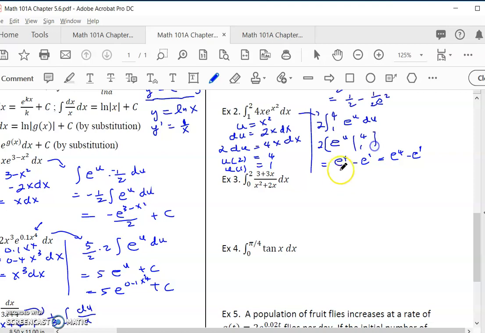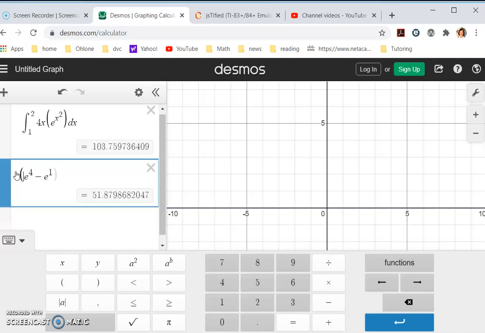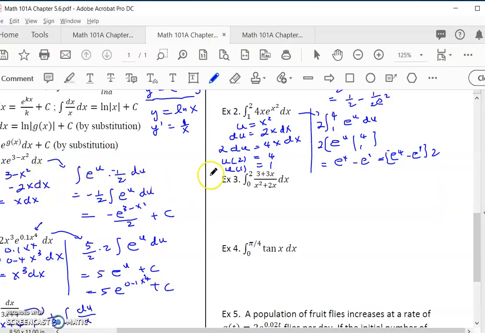So let's check. If I multiply by 2, would that work? If I multiply this by 2, so do a parenthesis of 2. Yeah, you see, that's how you know that this answer is correct. But if you don't go through the real substitution integral method, you would not get this exact answer. This is the exact answer.